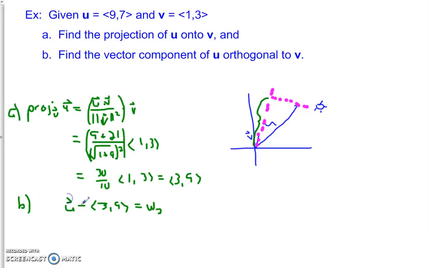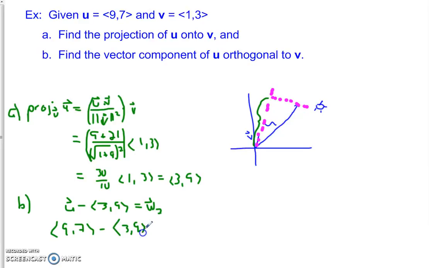It's a vector. Another one there. And u was the vector (9, 7), minus (3, 9).